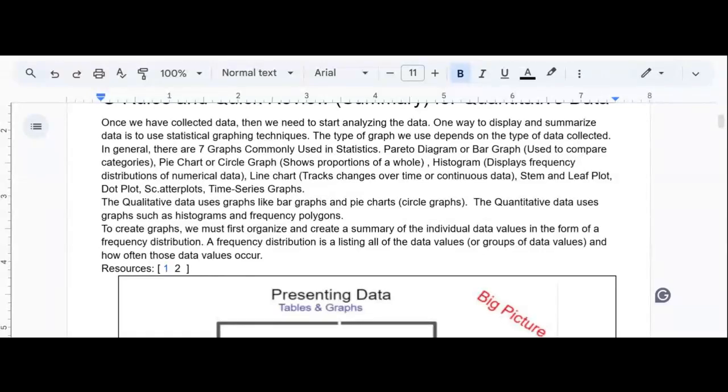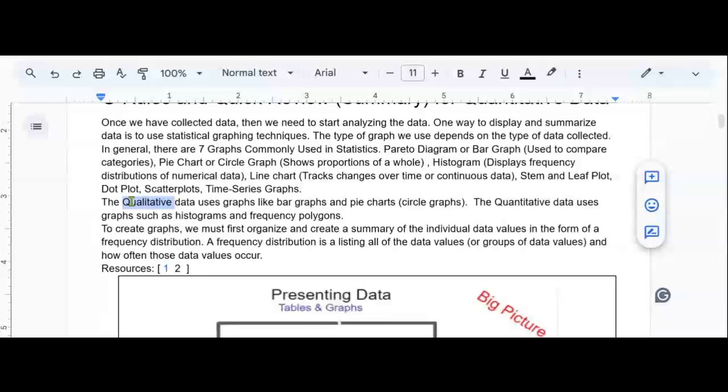In general, there are graphs commonly used in statistics: Pareto graph, bar graph, pie chart, circle graph, histogram, line chart, stem and leaf plot, dot plot, scatter plot, and lastly time series graphs.